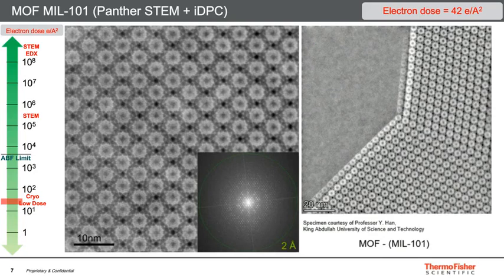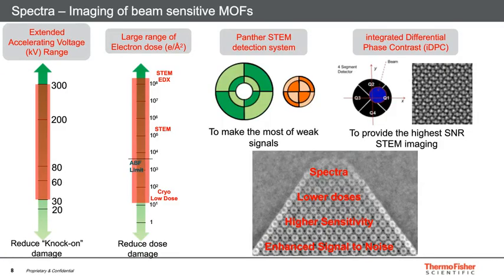Here are some STEM images of the MIL-101 MOF sample with even lower dose. The electron dose we used is only 42 electrons per square angstrom. We can see the metal-organic framework with unprecedented resolution and contrast thanks to the Panther STEM detector and iDPC technology. So all in all, Spectra is ideal for atomic resolution imaging of beam-sensitive MOFs.